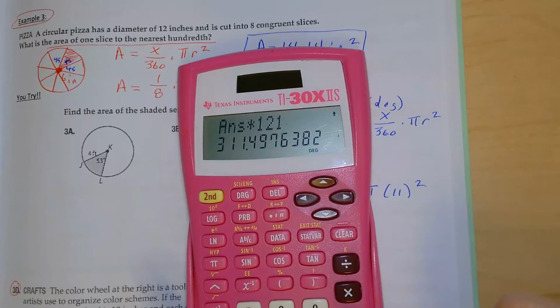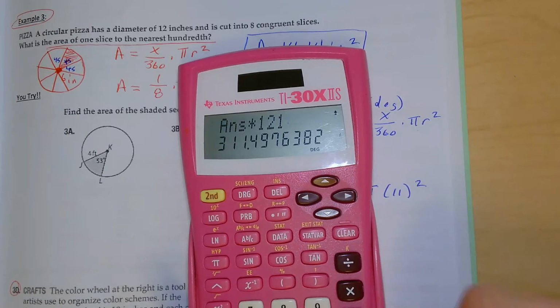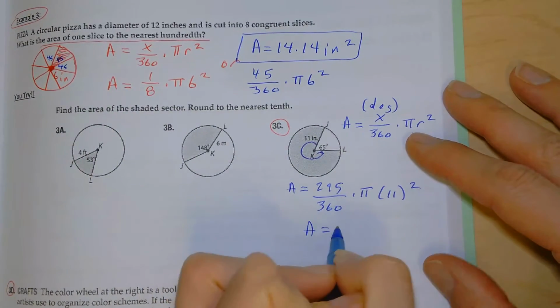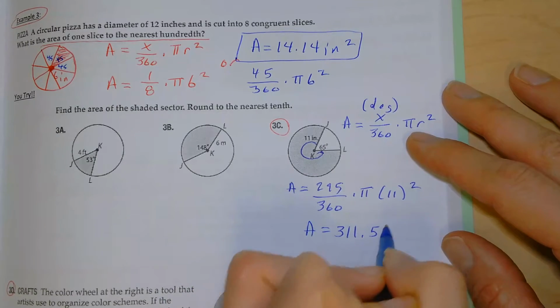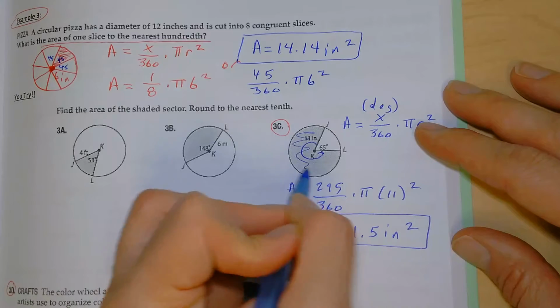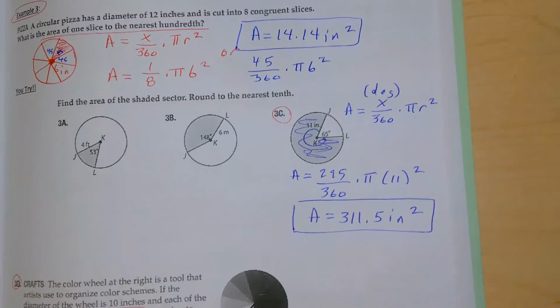And you're going to get 311.5 if you're going to the nearest tenth. So the area is 311.5 inches squared. And that's the area of the pizza that you ate. So congratulations.